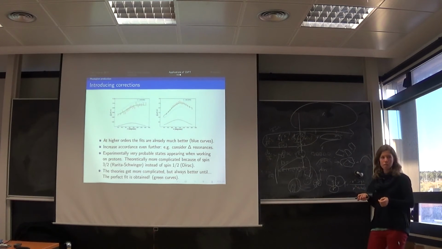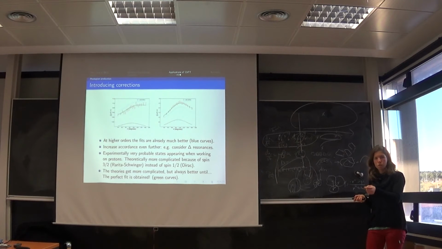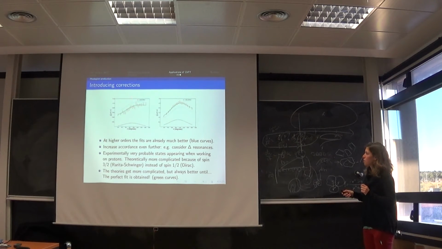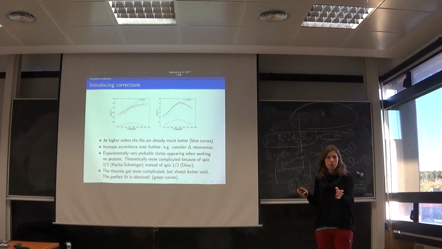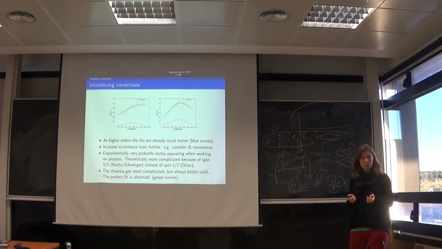So the calculations we did then were to go to the third order. So we took the second order and the third order. And we see, okay, the corrections are already much better looking. It's the blue curve here. We see that at low energies, it overestimates what the experiment says, and at high energies, it underestimates it. How can we understand this? What we're doing is, at third order, we're fitting all the constants we don't know, as I said, and it looks for the best average fit.